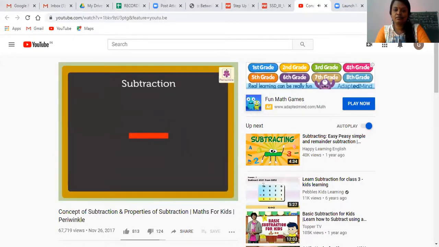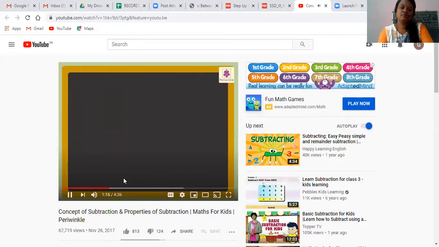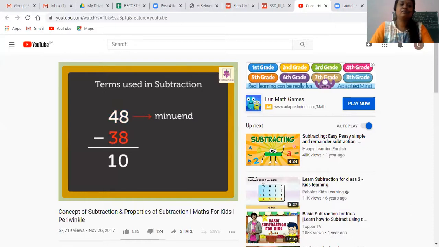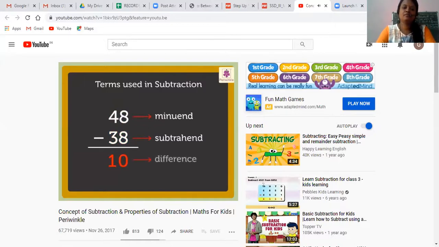We use the subtraction sign to write the subtraction sentence. Do you remember the terms used for the numbers in subtraction? Correct. The number from which a number is subtracted is called minuend. The number that is subtracted is called subtrahend. The answer we get after the subtraction operation is called difference.